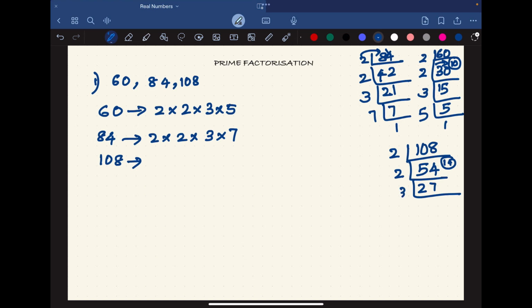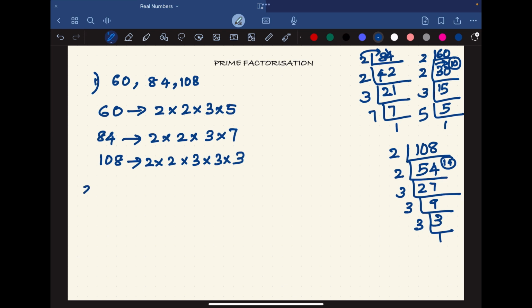No. So let's go with 3. 3 nines are 27. Then 3 threes are 9. 3 once. So 108, can we write it as 2 into 2 into 3 into 3 into 3? So the factors we can see here are the numbers you are getting, right? So this is how we can do the prime factorization.